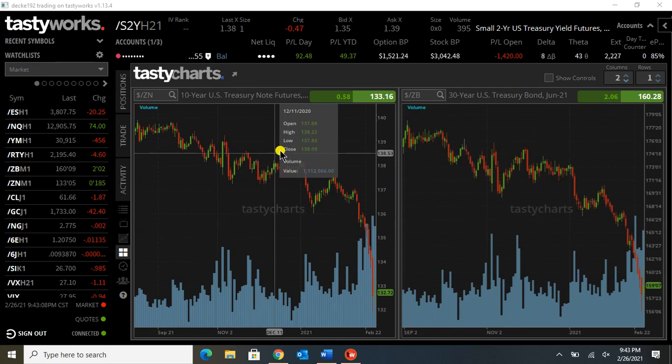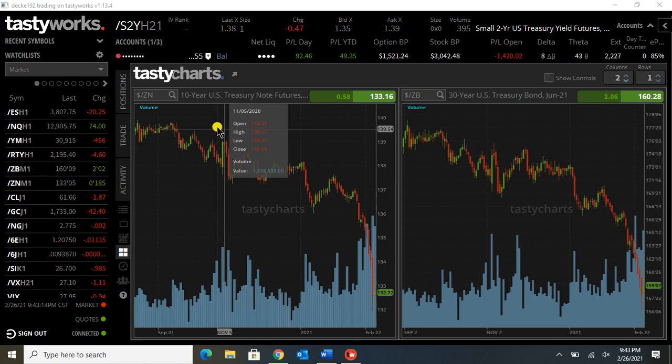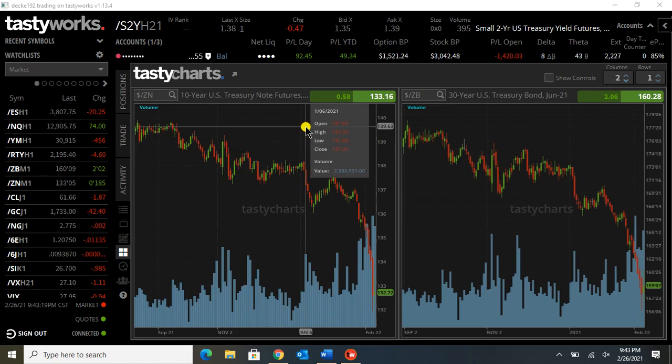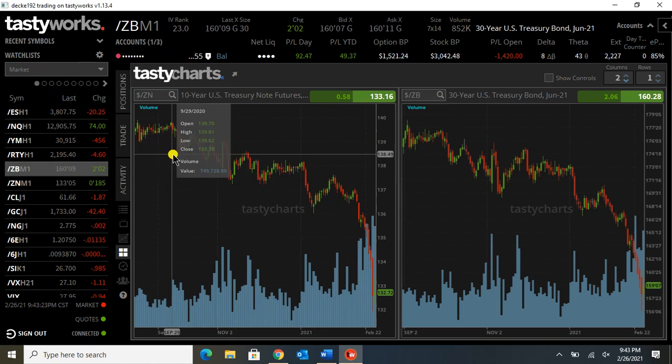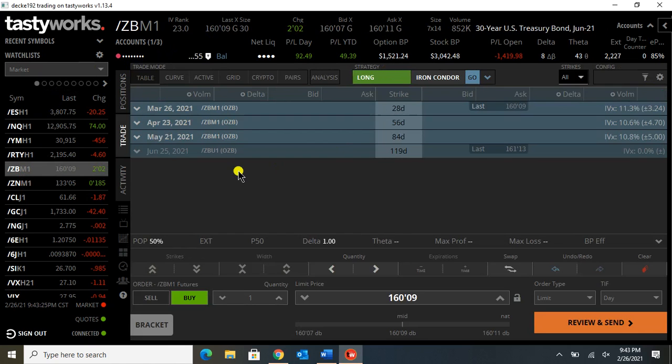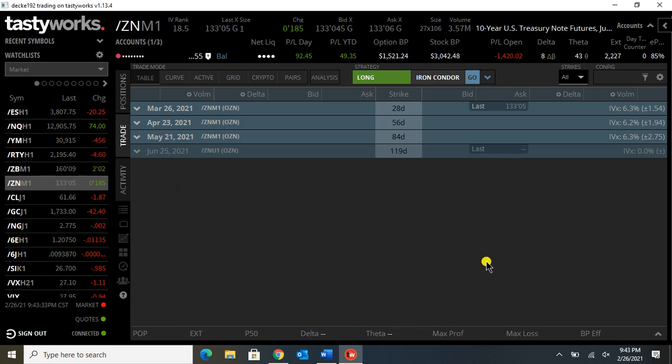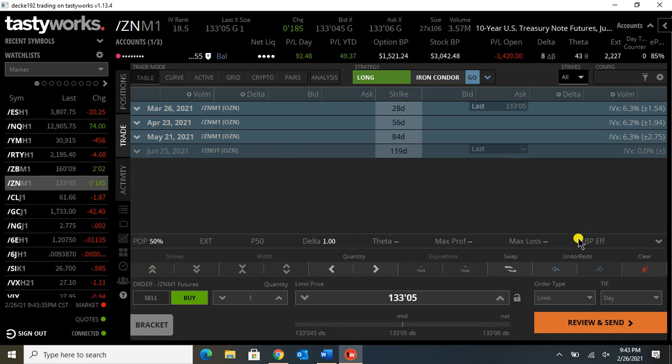So typically with this NOB spread with ZN and ZB, you're usually long 2 notes or short 2 notes to 1 bond. So I'm just going to pull up here how much that would be. So 1 bond, 1 /ZB product is about $4,500, and 1 /ZN is $1,500.